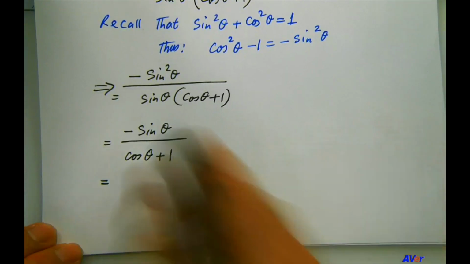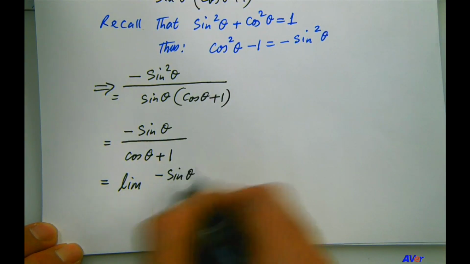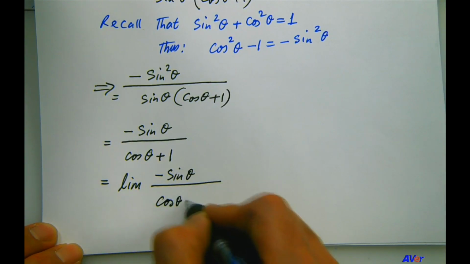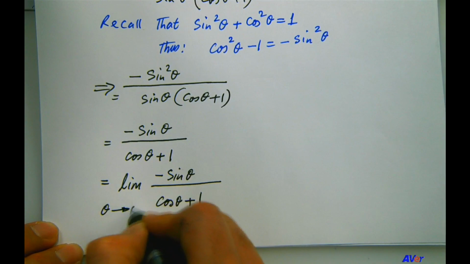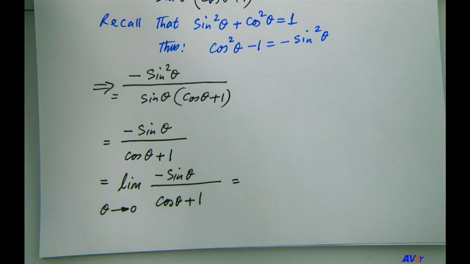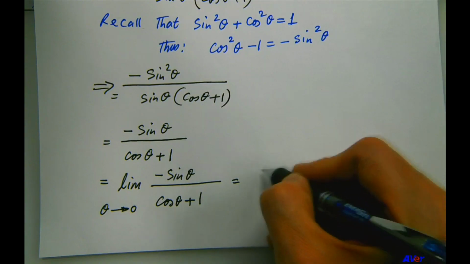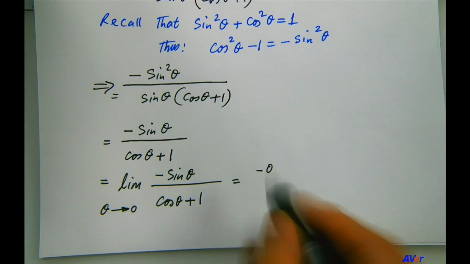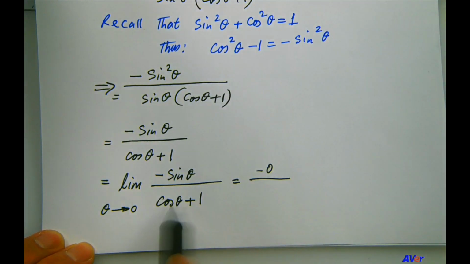So we have the limit of minus sine theta divided by cosine theta plus 1 as theta goes to 0. That would be equal to, simply substitute 0 for theta. And if we end up finding out that the limit doesn't exist, no big deal. That happens too. But let's see. So this will be equal to minus sine of 0, which is just 0, divided by cosine of 0 plus 1.